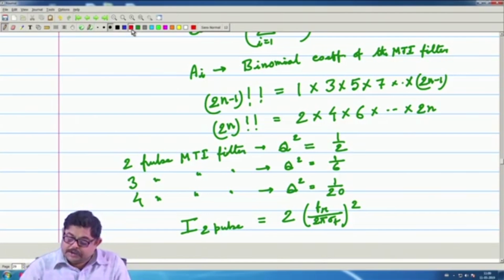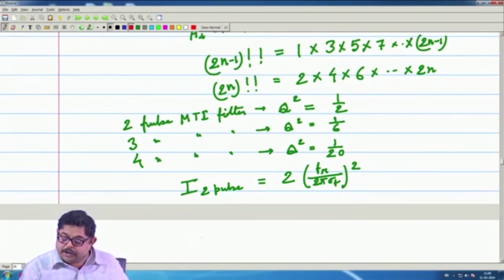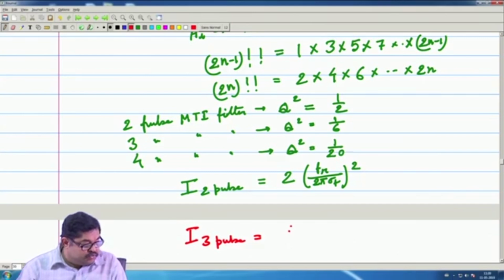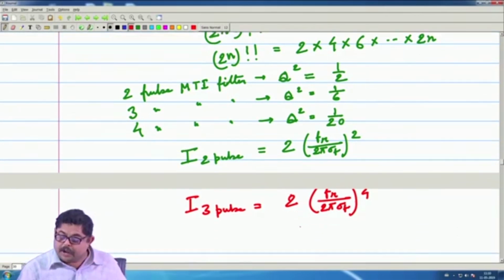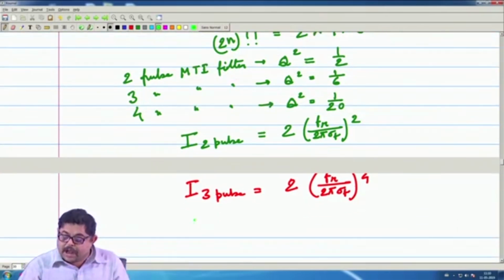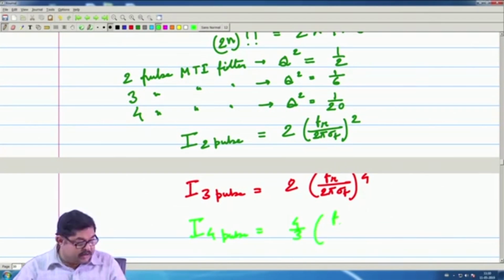Now, what is the corresponding thing for 3 pulse? I 3 pulse will be 2 FR by 2 pi sigma f whole to the power 4, and I 4 pulse will be 4 by 3 FR by 2 pi sigma f whole to the power 6.